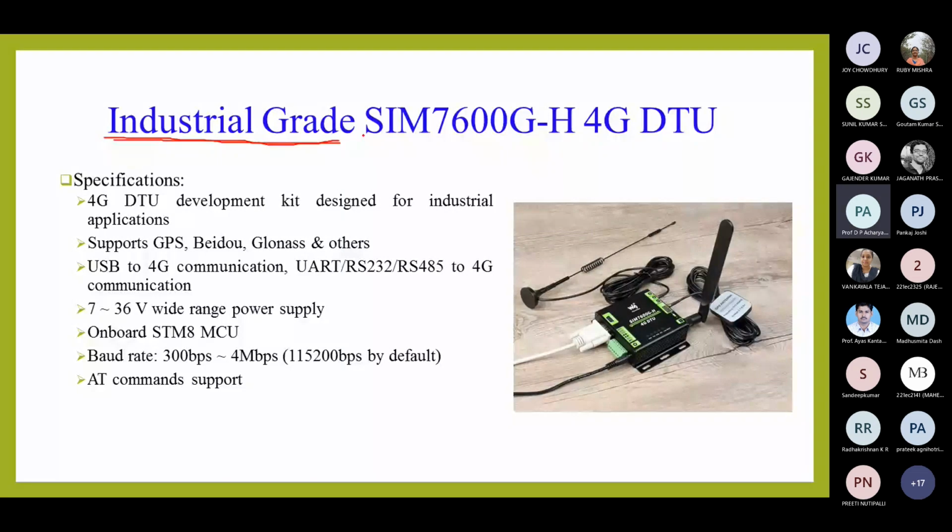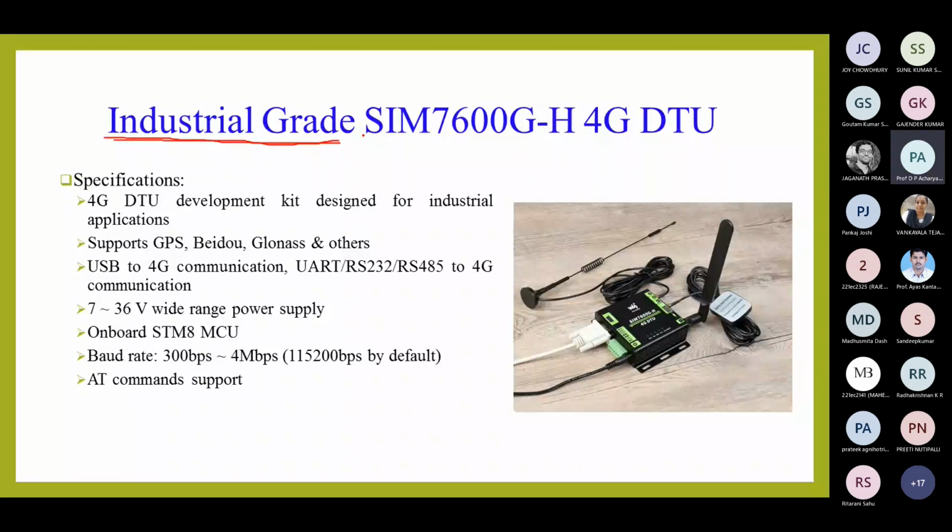Not only that, if you think of something deployed in our house or home, it has a lot of security from the environment. But industrial grade equipment is lying outdoors, subjected to a wide variation of temperature. Sometimes in summer the temperature goes up to 50 degrees centigrade. In winter, based on the application region, it can go below zero also.